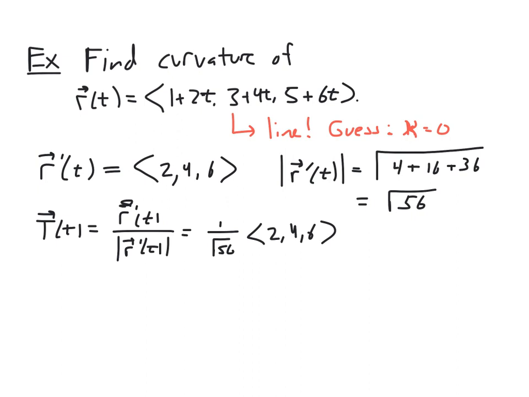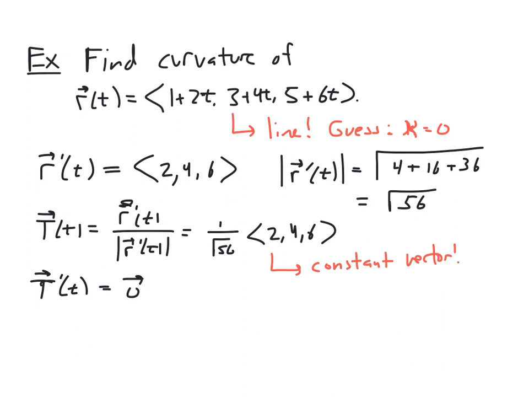So now, once we have T, we can compute T prime by taking the derivative of this vector. Well, notice that this vector is a constant vector. There are no t's. Everything is a constant. And so the derivative of a constant vector is just the 0 vector.